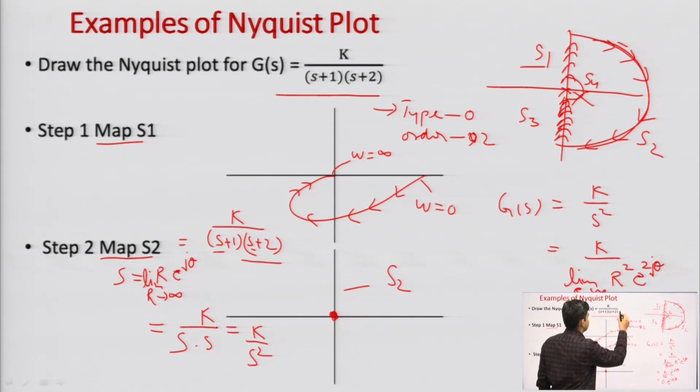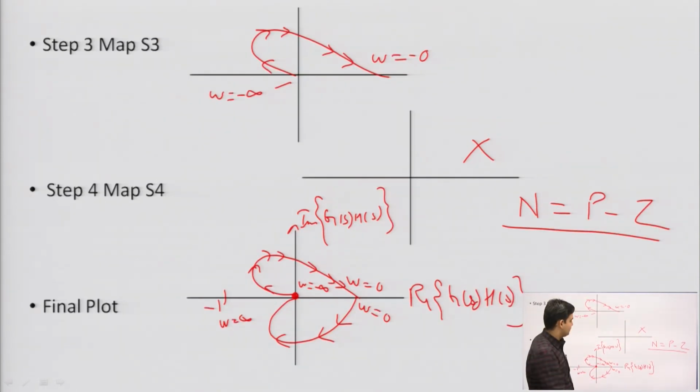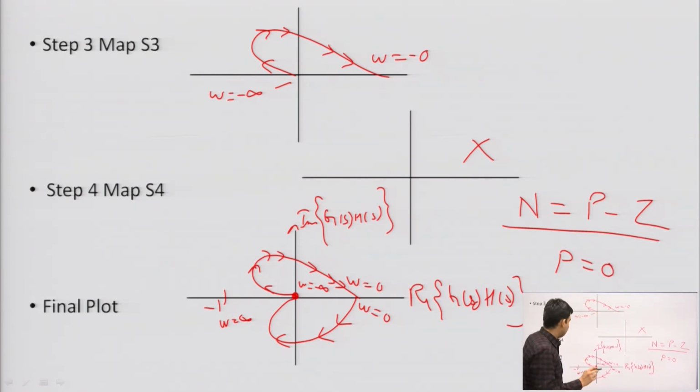If it exists, then it will be in the form of s minus 1 or s minus 2, s minus 3, then we can say there is an open loop pole in the right half plane, but here there is no open loop pole. So, we can say here our value of P is equal to 0. Okay. Now, N: you can see this plot is touching the 0 axis and going above from here, it means it is not touching this real axis.